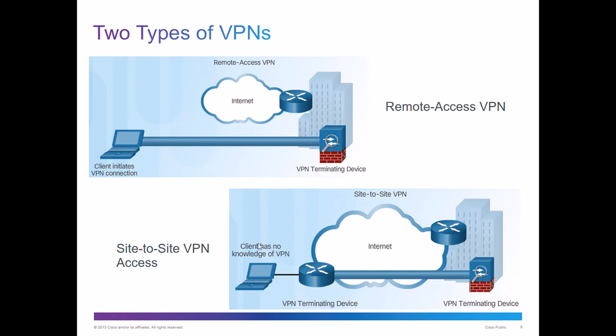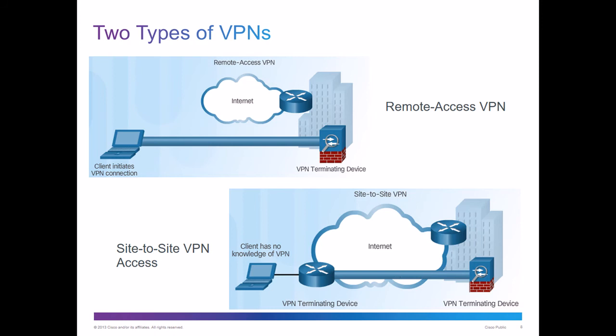You don't even know that you are connecting to a VPN. You'll be accessing resources from another site as if they were next door to you, as if they were local. So that virtual private network allows that connection as long as you have pretty good bandwidth and you're guaranteed that connection security is not an issue.